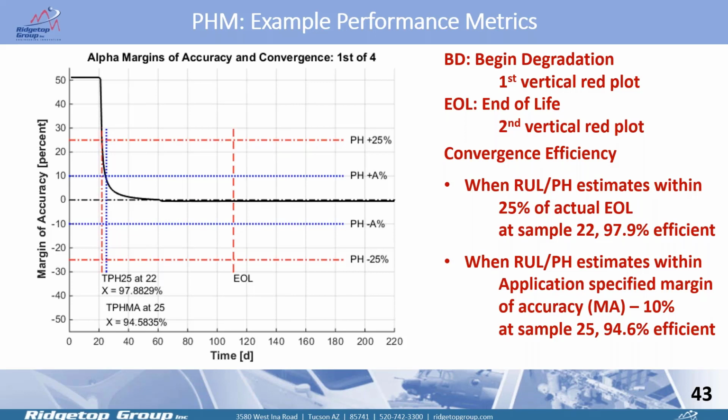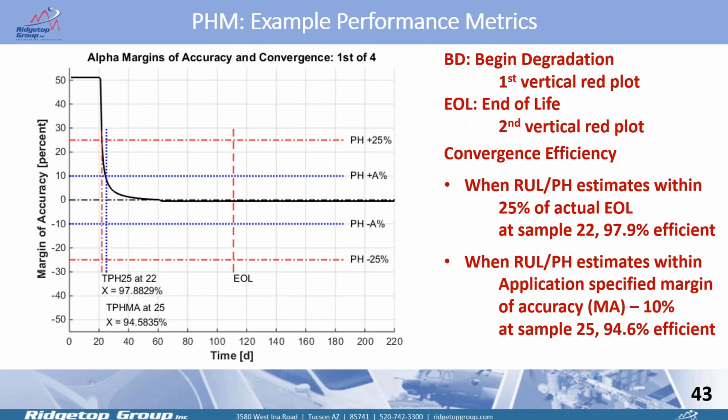Failure, end of life, was in this case at about 110. It was actually 117, or it varied depending upon the data between 100 and 120. This particular one looked like it failed at 105.